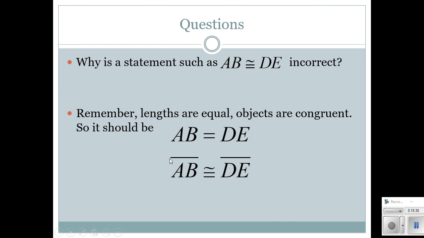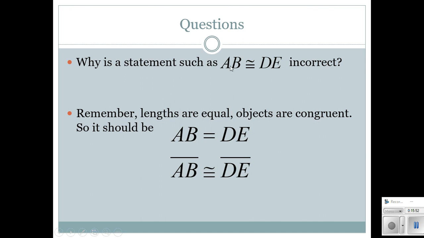But if you see a line segment symbol on top of the letters, we are saying that these two are line segments, the objects. So this is line segment AB is congruent to line segment DE.